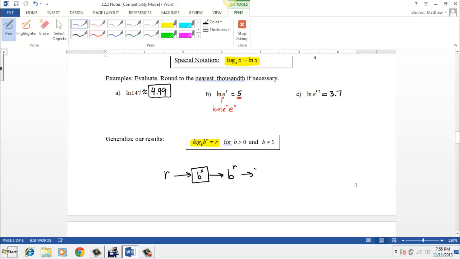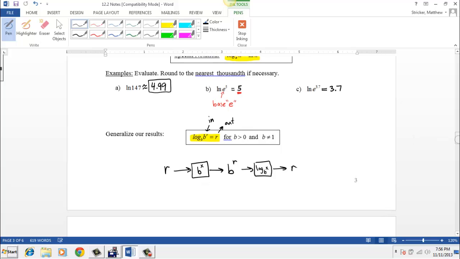But if I put that into a log function, base b, then that's going to turn it back into r. That's why I see r goes in, and then r comes out. Because log and exponents are inverse functions as long as they have the same base. R in, r out.